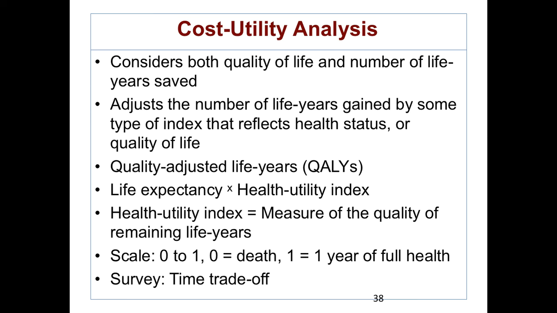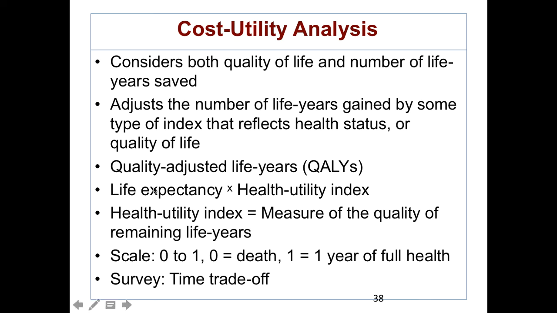Basically, this utility analysis adjusts the number of life years gained by an index that reflects health status or quality of life. It is called quality adjusted life years because it takes into account both quantity and quality of life.